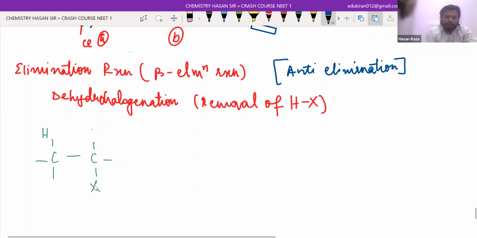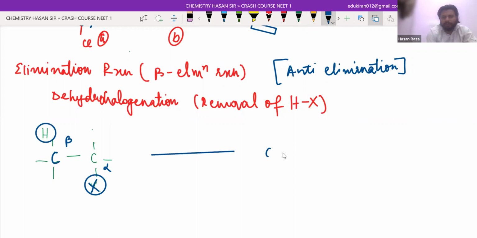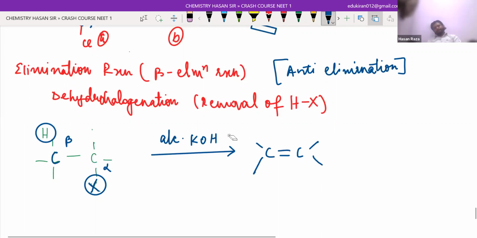First of all, the carbon to which X is connected is your alpha, and the carbon connected to the alpha carbon is your beta. So you are going to remove X from alpha and H from beta. So it will be a C double bond C, like this. And this reaction takes place in the presence of alcoholic KOH. Is that clear? Yes or no? Yes, sir.